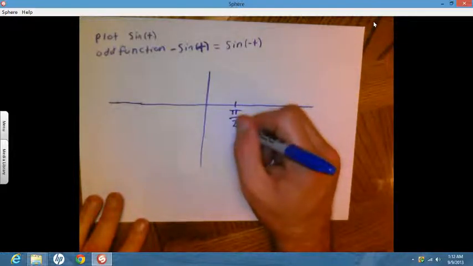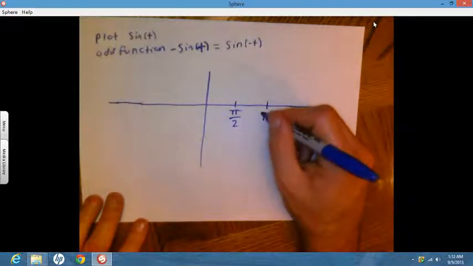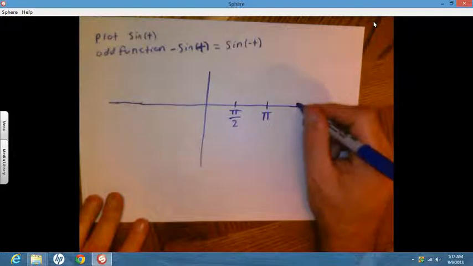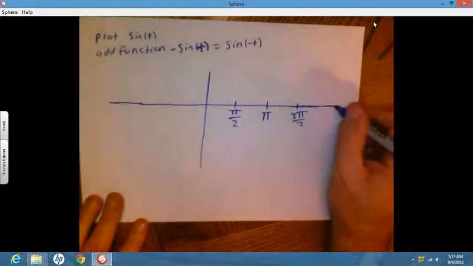Why did I use these? Because these are the easiest ones to plot, because it's where the function is 0, 1, and negative 1. Make this one over here. This is negative 1.